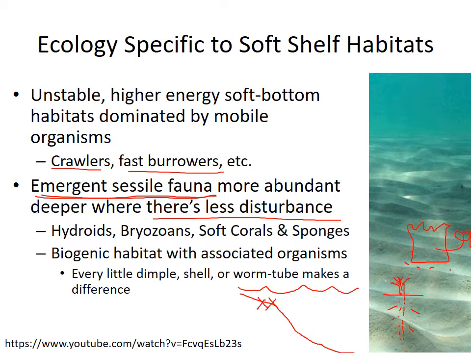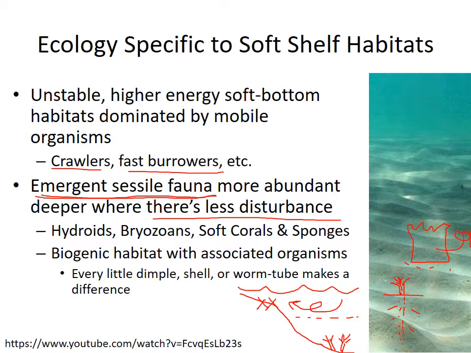But deeper down, you might be beneath the level where the waves stir up. So deeper down, you might be able to have some more delicate emergent sessile organisms that can live down there without getting stirred up by the waves, because the wave action is mainly high above them.